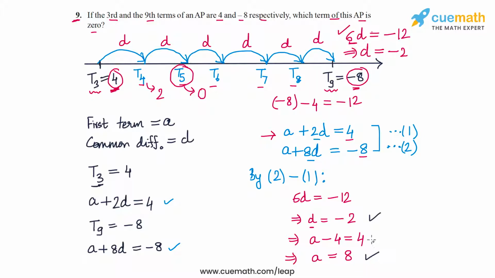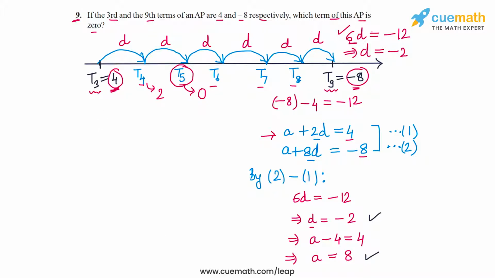Now all that remains to be done is to find the position of the term 0 in the AP. So let me clear out the area on the left side. Okay, so if the required position is n, then we have A plus (n minus 1)D. This should be equal to 0.